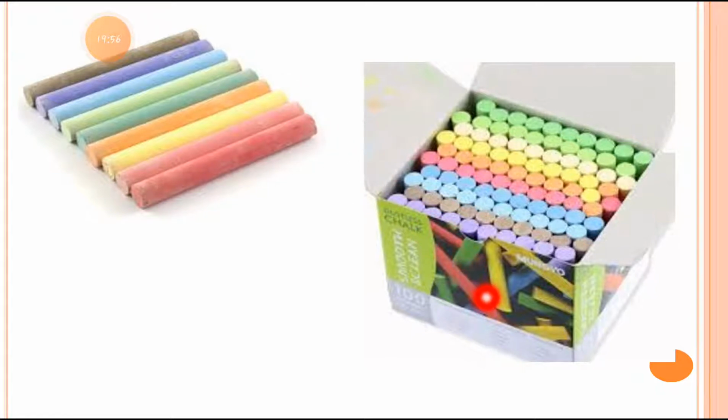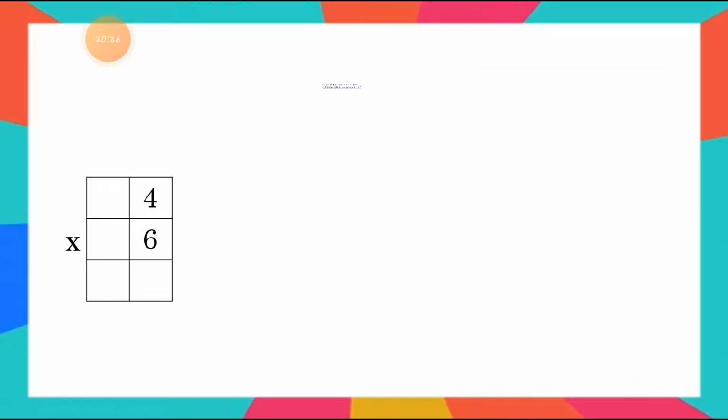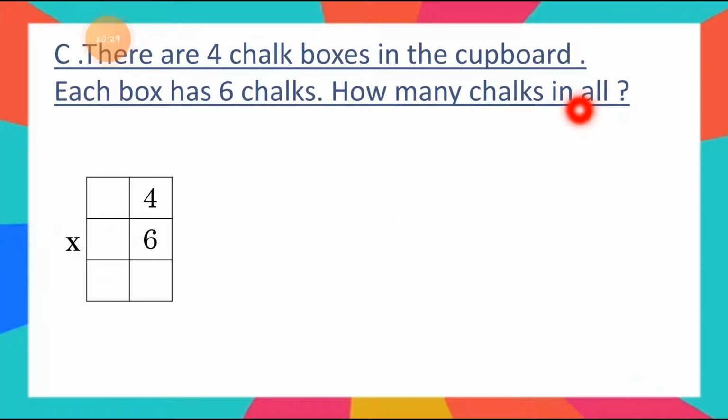There are 4 boxes like these in the cupboard, and 6 chalk sticks in each box. I hope you understood this. So in total, how many chalk sticks are there? How many chalks in all?